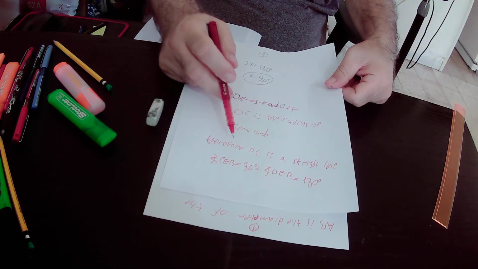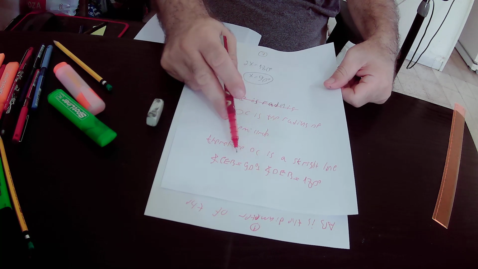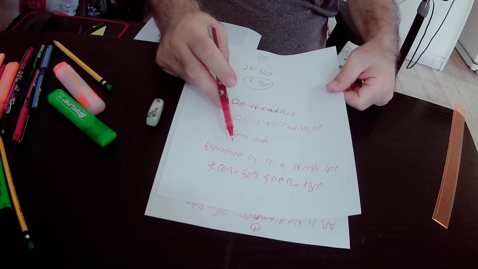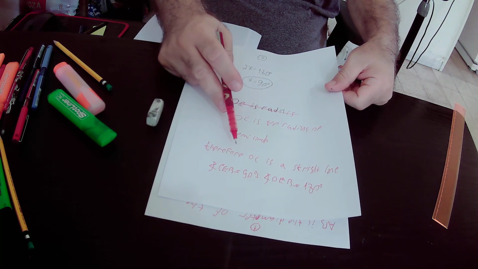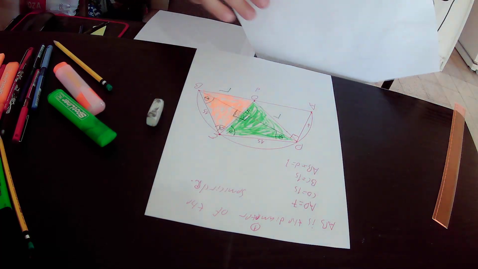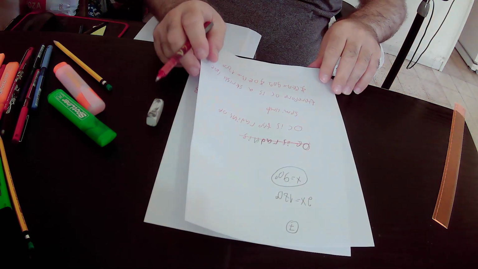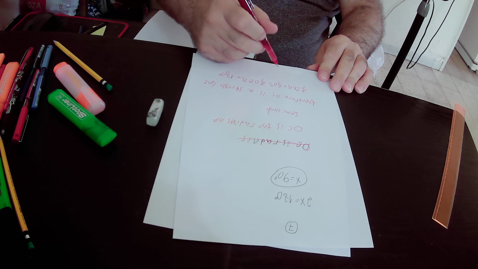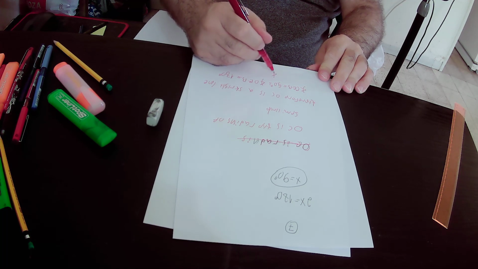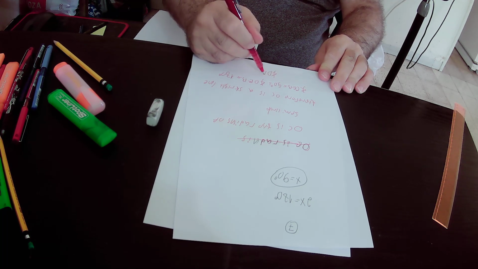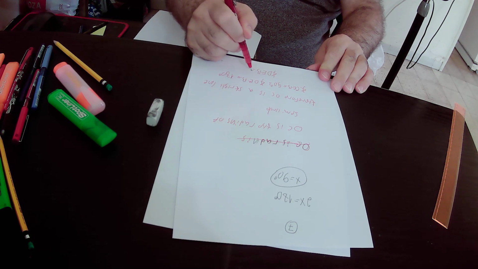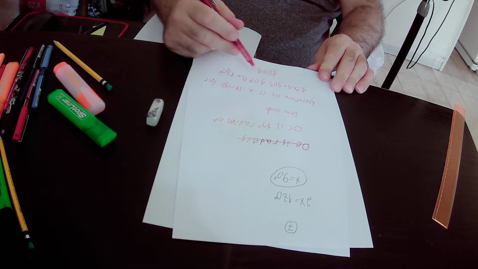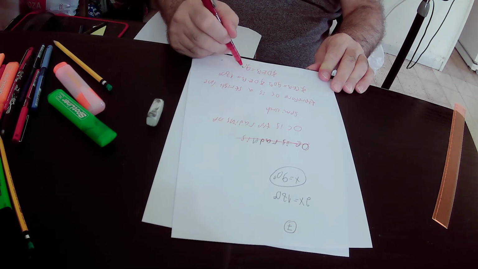So here we can subtract 90 degrees from this equality, and we will get that the value of angle DEB equals 180 degrees minus 90 degrees, that is actually 90 degrees.